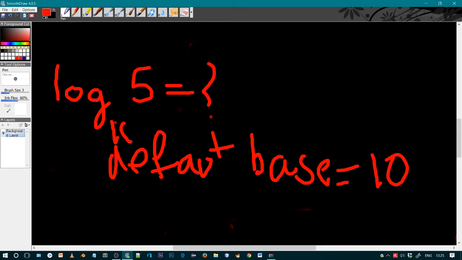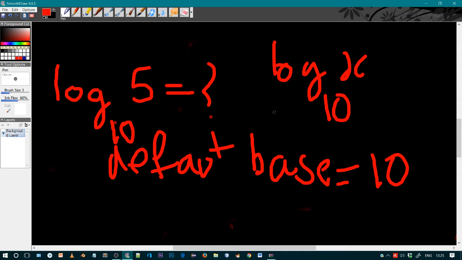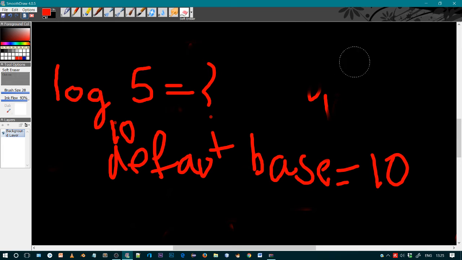So whenever you see an expression, for example, log x written here, it is equivalent to log x base 10. 10 is always the base in this case. There is another base which is ln, and you will find it in your calculator. Ln stands for natural log. That will be in another video.